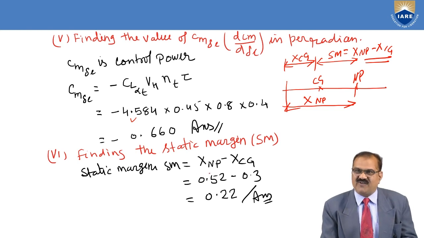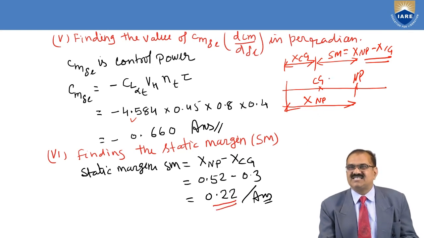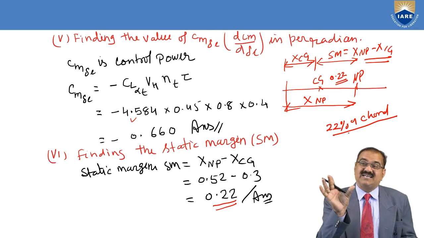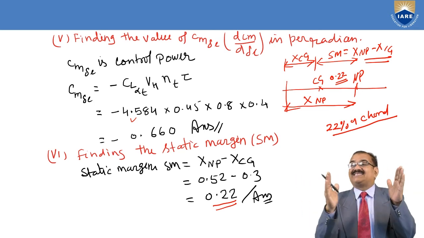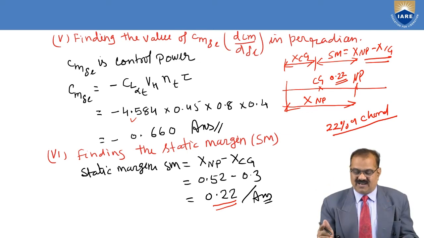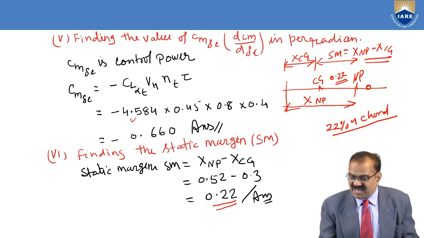XNP is given 0.52, XCG is given 0.3, and we got 0.22. So the static margin is 0.22. 0.22 means it is 22% of the chord line, so within this range the CG can move for the aircraft to remain longitudinally stable. This is the nose and this is the tail.